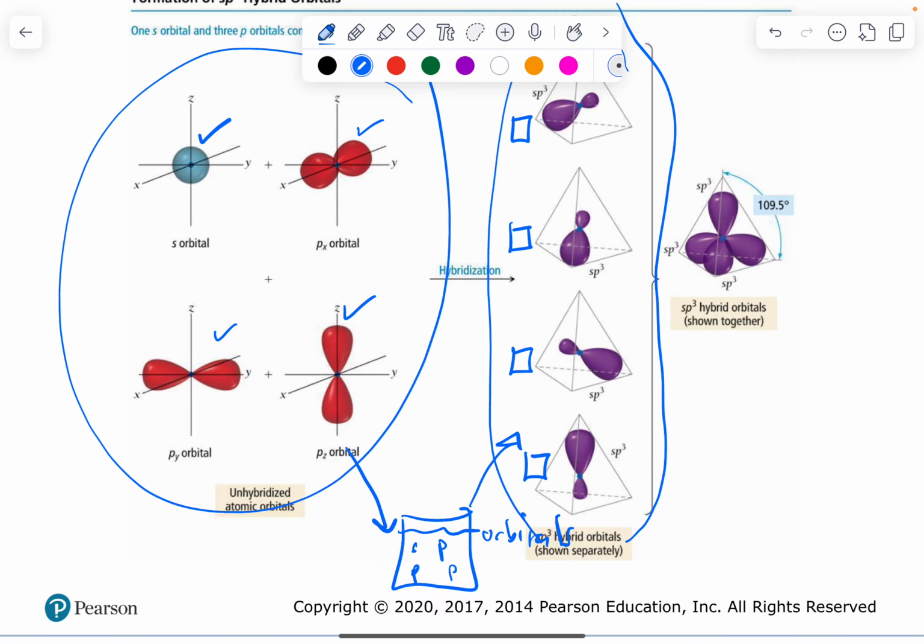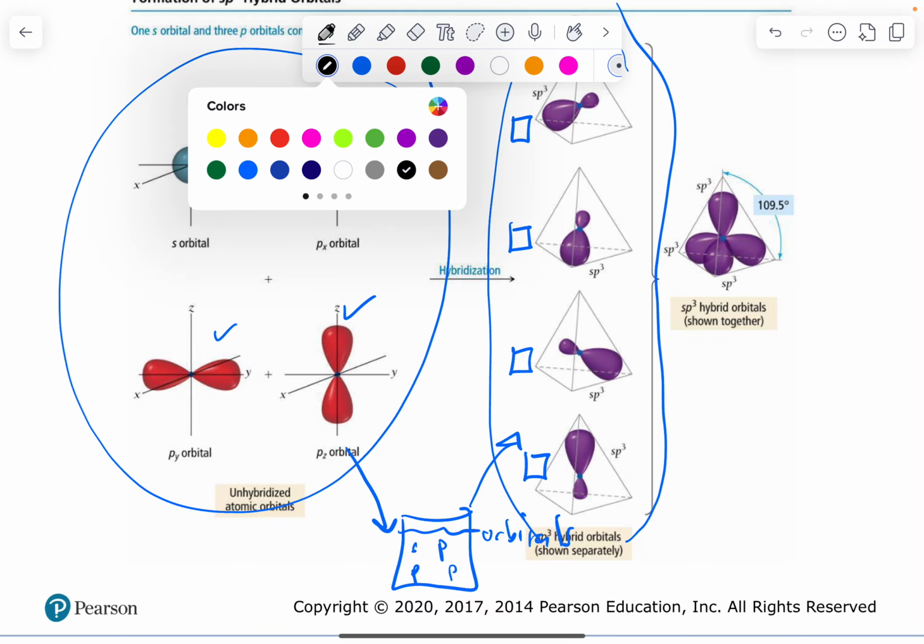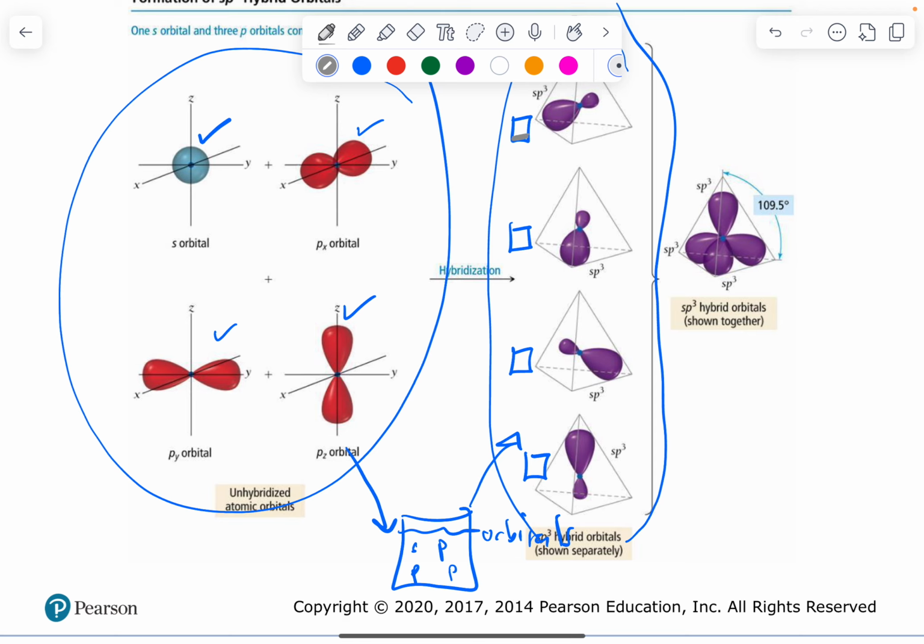Well, from those original orbitals, a quarter of that new orbital is s, right? Because there was one s orbital and it got mixed in with 3 p's. So now a quarter of that s is divvied back out.